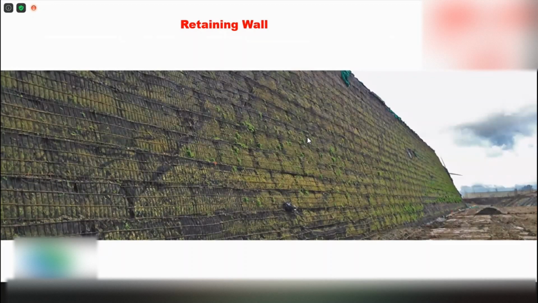Now, this is another one, if I'm not wrong, somewhere in Europe. I can't tell you where. It's a very high wall used for some kind of defense purpose. You can see some grid material behind.